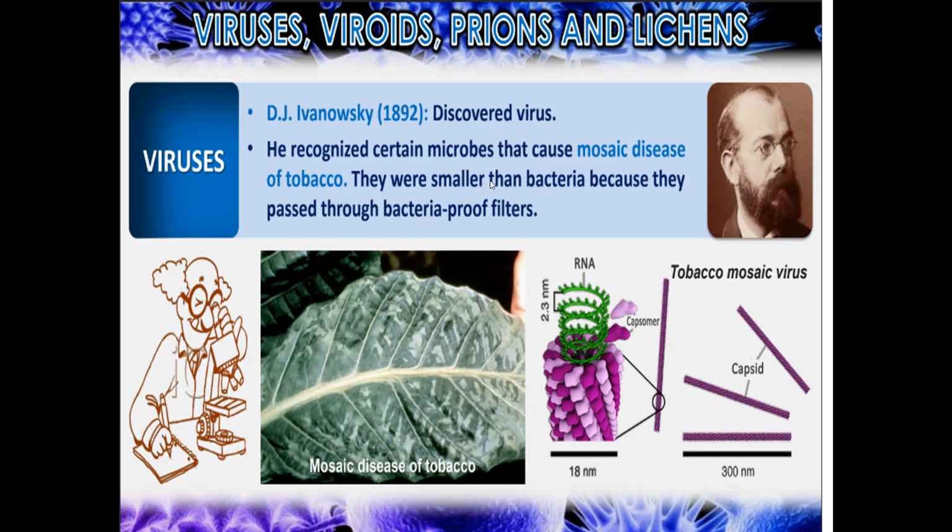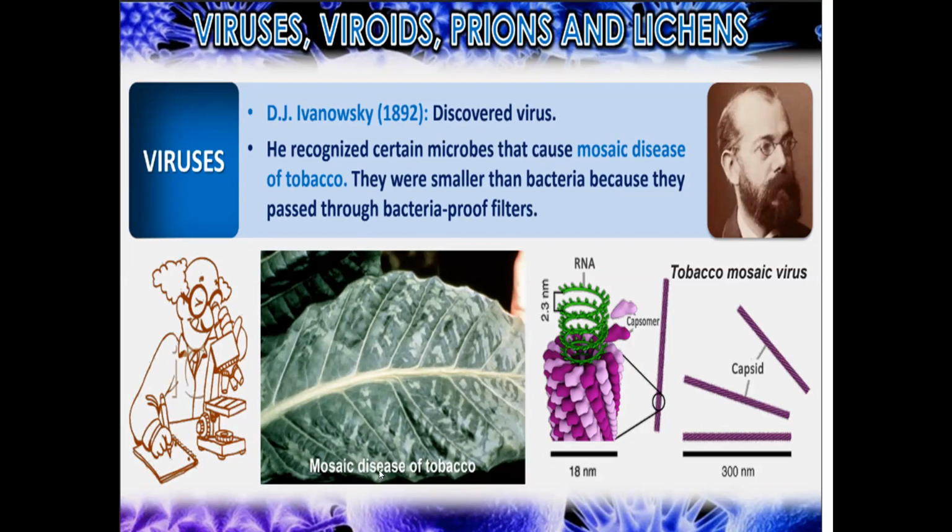They were smaller than bacteria because they passed through a bacteria-proof filter. He recognized them as microbes; until then he was not saying they were viruses. It was the first time he saw something like a microbe causing disease in tobacco.